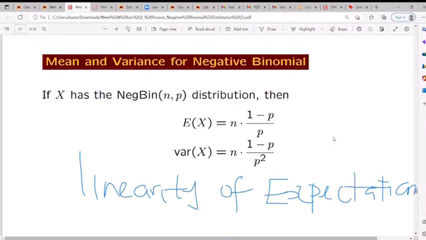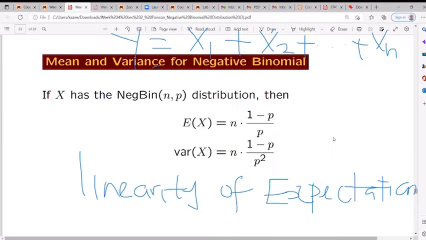Because if X1 follows Bernoulli and X2 follows Bernoulli, up to Xn, the sum of these is going to follow binomial.